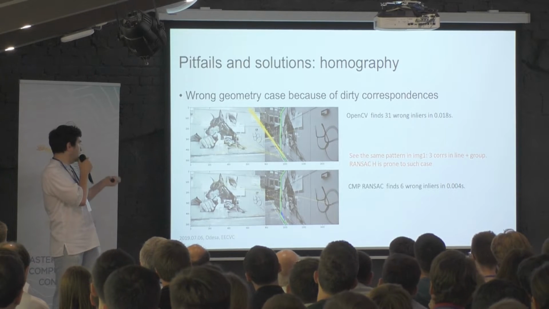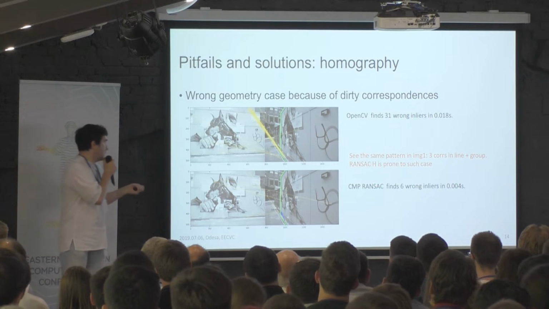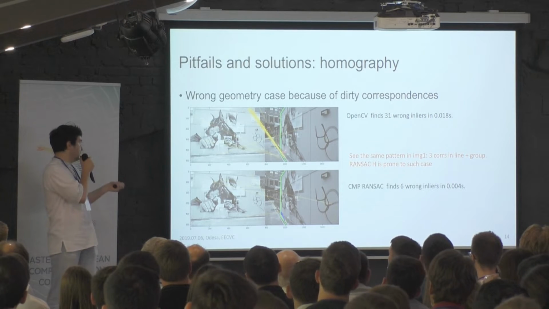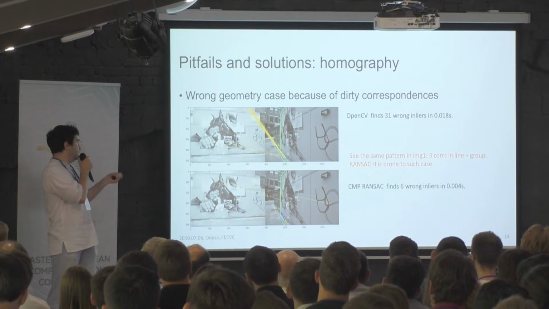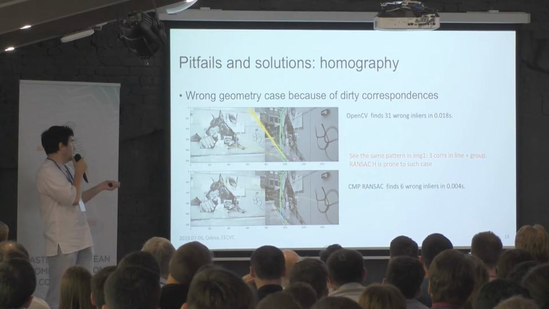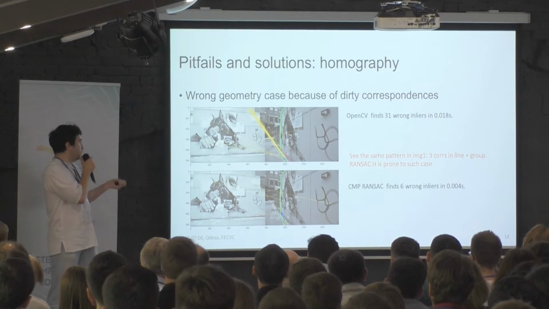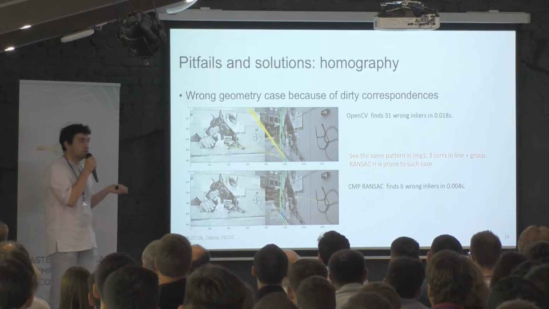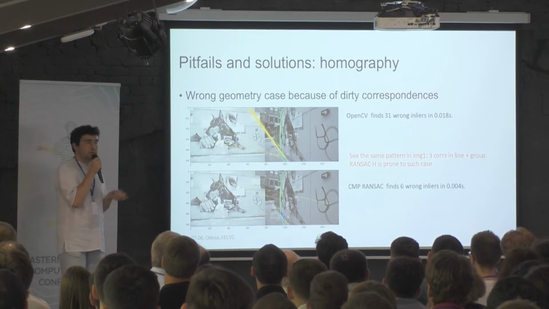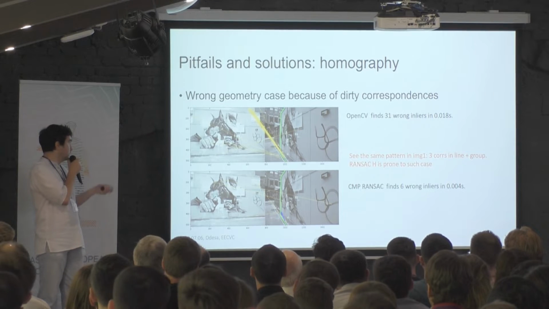This is the line, and this is a group of correspondences which is consistent with it because they lie nearby and correspond to almost the same point. If you have a group of points in the same position or nearby, then you will be consistent with any model.